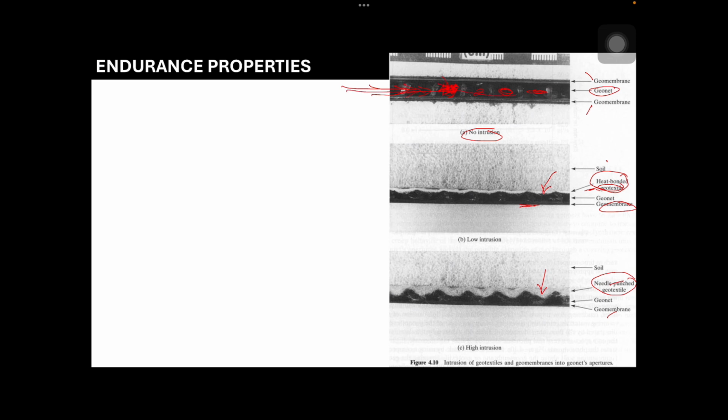Ganito mag-flow yung water sa geonet. So, kapag na-cover yan, like ito, na-cover yung aperture na yun, mahihirapan lalong mag-flow yung water dito, lalo na pa dito. Half ng geonet is na-cover niya.